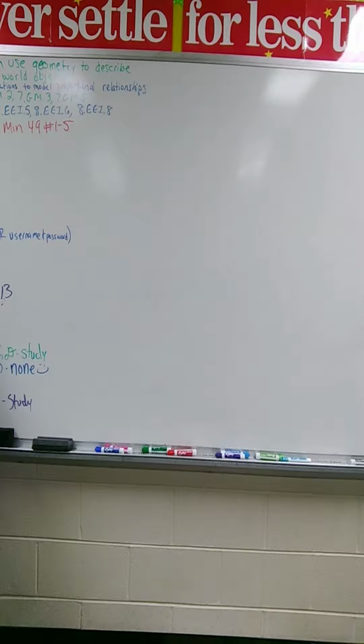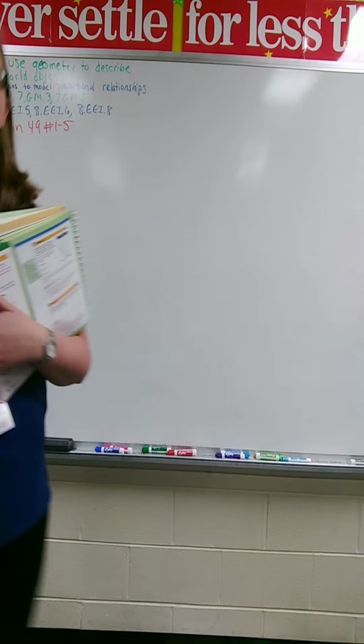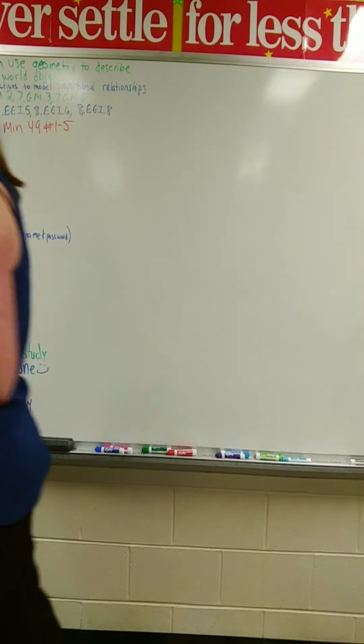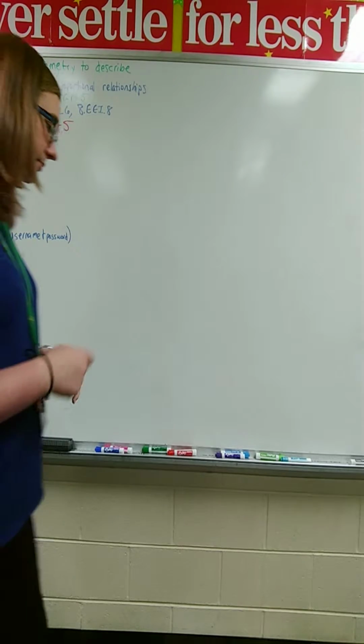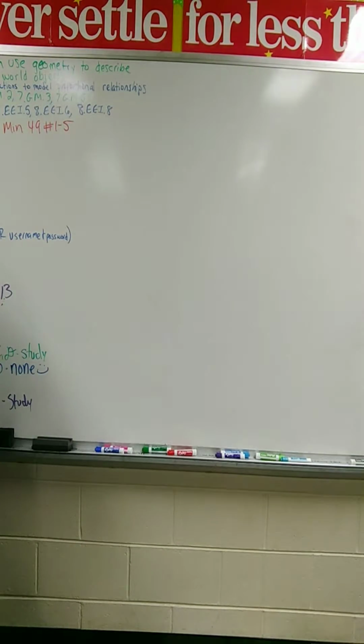Alright, so let's look at example 1. In example 1, we have a picture of a graph, and in my graph, it shows the cost of different amounts of trail mix. The cost is based on weight. So we have to determine if the relationship is direct variation.